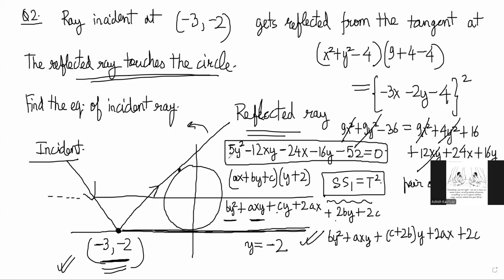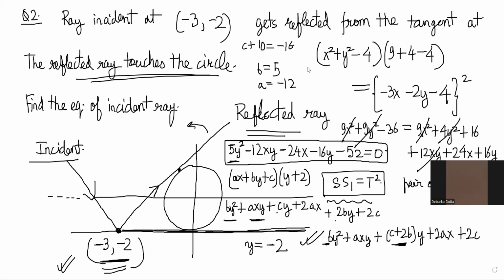And now we can compare it. From here, it is obvious that b is equal to 5, right? a is equal to minus 12, it seems. Yes, sir. And c plus 2b should be equal to minus 16, so c plus 10 is equal to minus 16. c is coming to minus 26, and it should fit the remaining constants also, right?